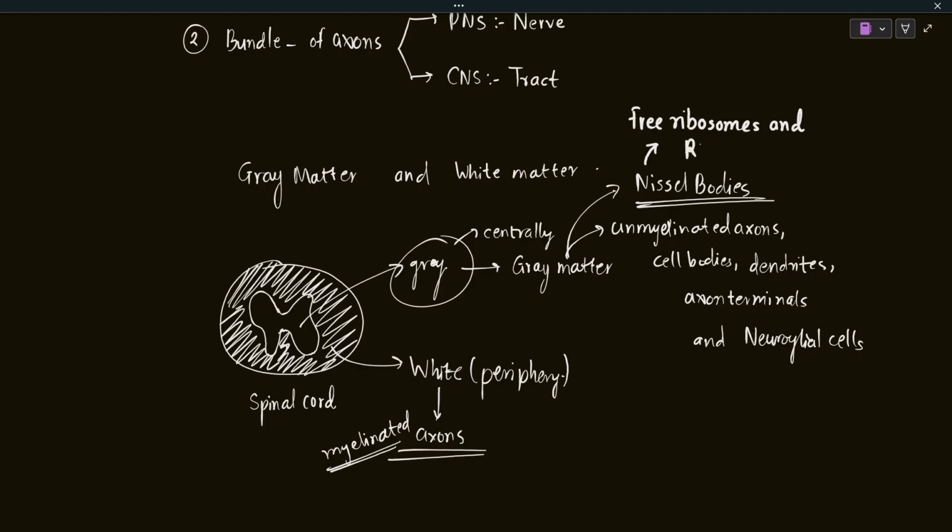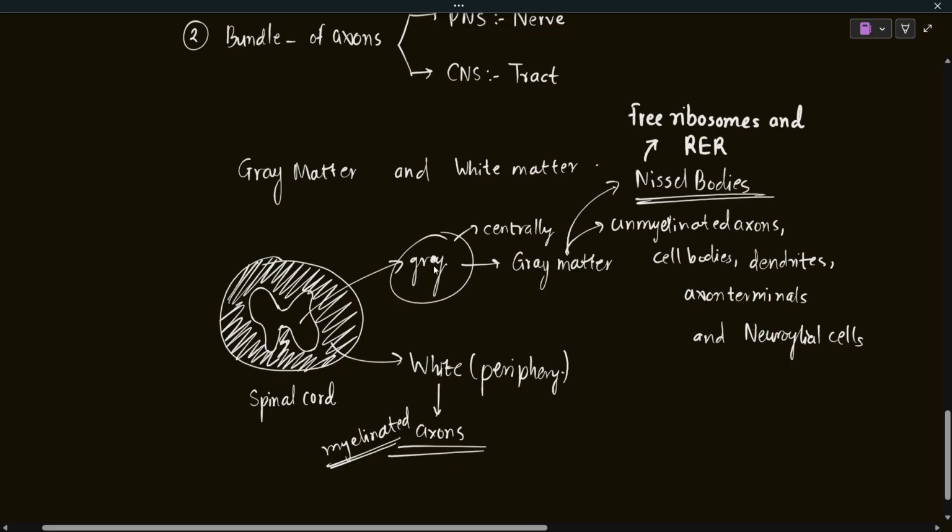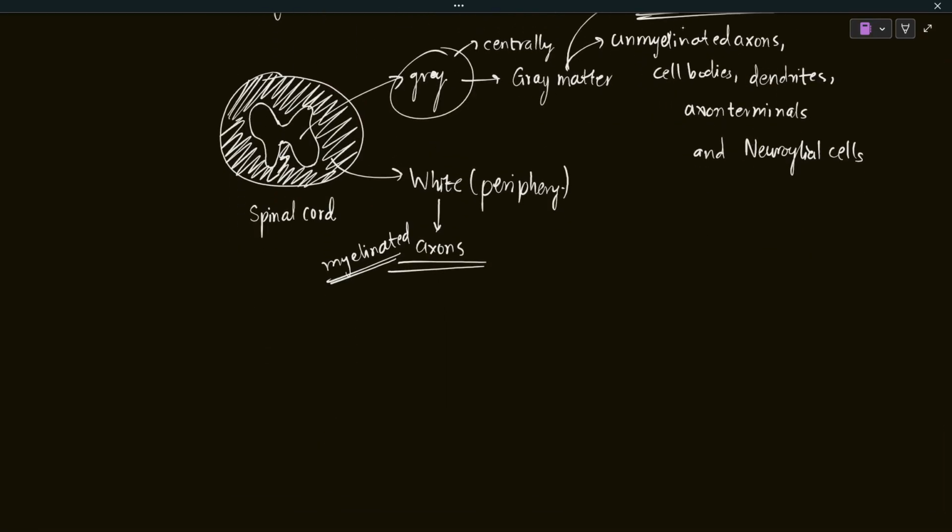They appear gray in color, and that is why they give the grayish shade to that region. So the grayish part is present centrally in the spinal cord dissection. But when you dissect the brain, let's say that this is a brain.